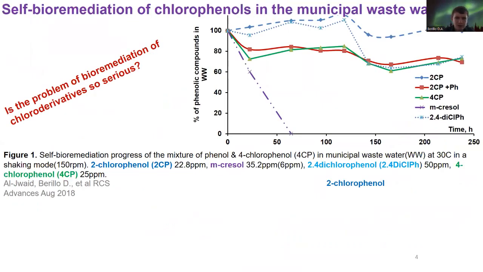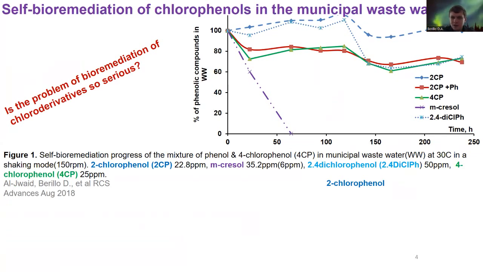So what we did, we tested the remediation of these chlorine derivatives such as chlorophenols, dehalogenation, and we found that toxic compounds such as cresol and phenol can be removed using normal bioremediation in wastewater. It can be removed within 3 days.